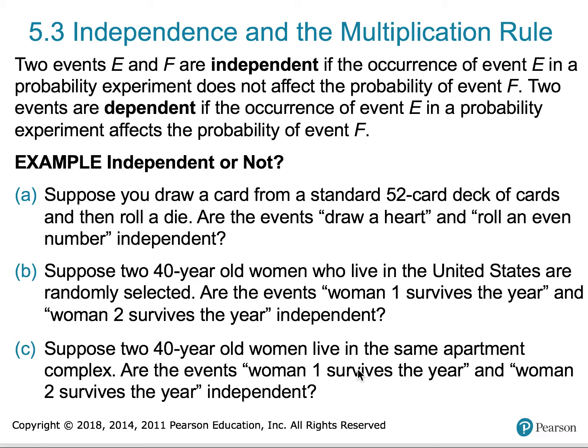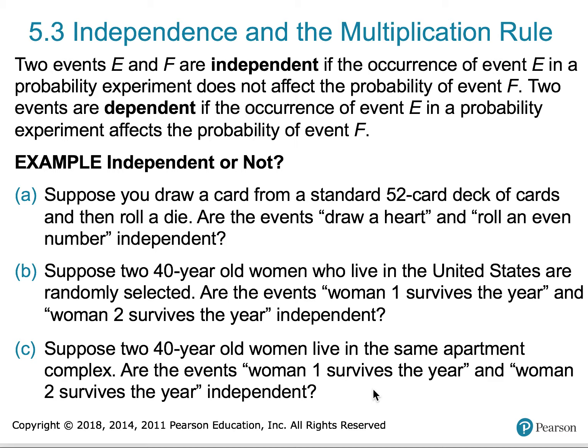As opposed to look at example C. Suppose two 40-year-old women live in the same apartment complex. Are the events that the first woman survives the year and the second woman survives the year independent? We can't say that. I mean, they could be, but we would have to state no because they might not be. What if the pipes are contaminated in that building, right?